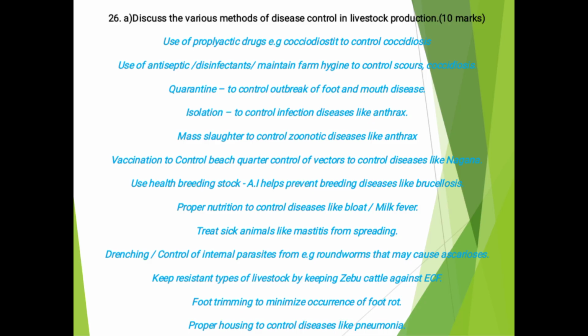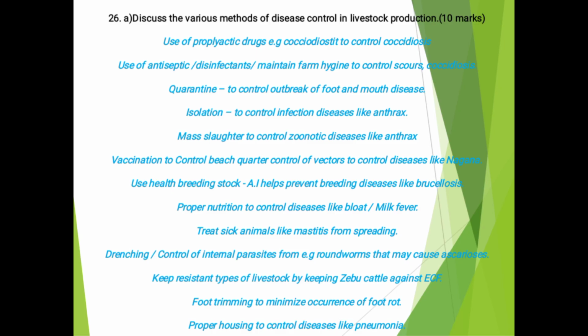Proper nutrition is necessary to control diseases like bloat or even milk fever. Animals that are sick are treated. For example, diseases like mastitis can be treated and prevented from spreading. We can also use drenching to control internal parasites such as roundworms that may cause ascariasis.